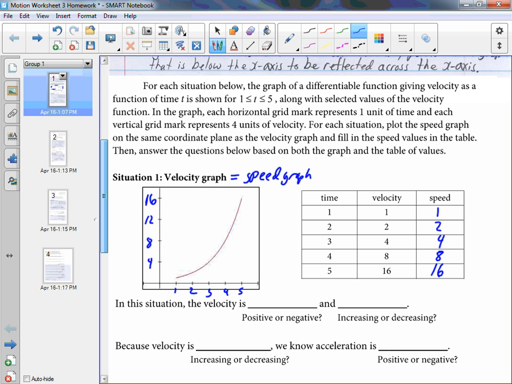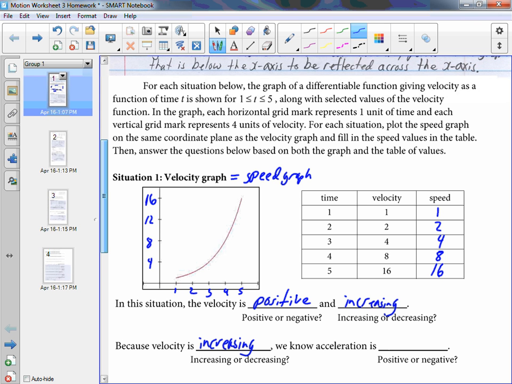In this situation, the velocity is positive or negative? Positive. And is it increasing or decreasing? Increasing. Now let me ask you a question. Could you tell both those answers simply from the graph? Yes. Could you tell both those answers simply from the table? Yes. Because velocity is, well, we said it was increasing. We know acceleration is positive, right?